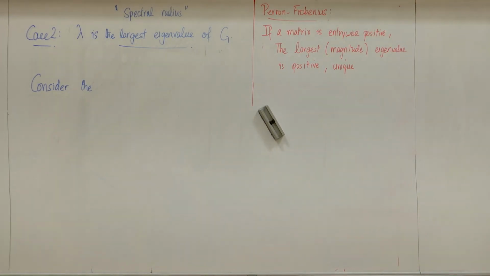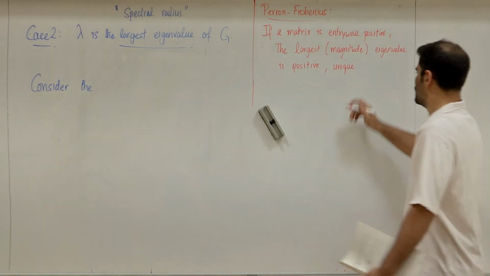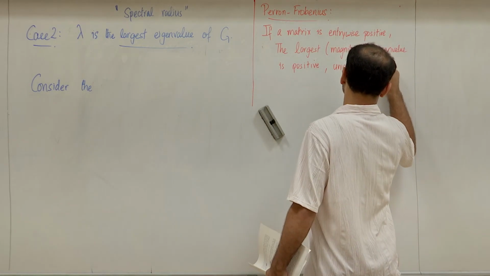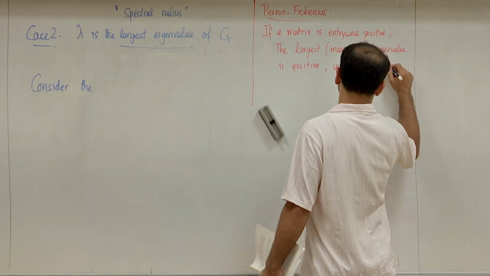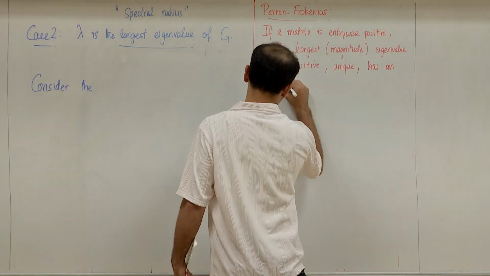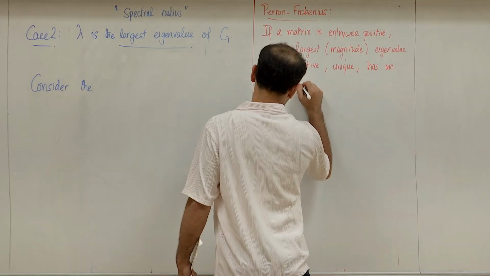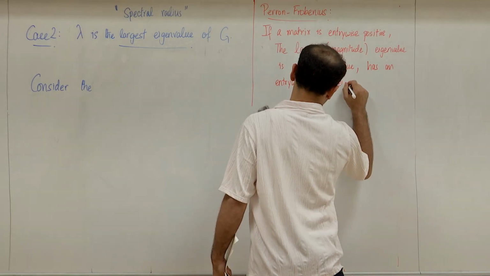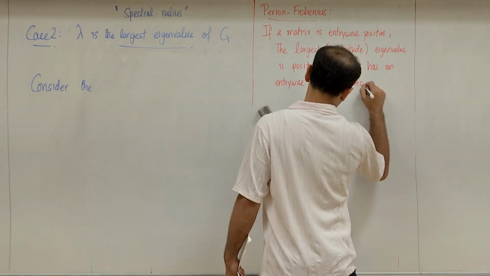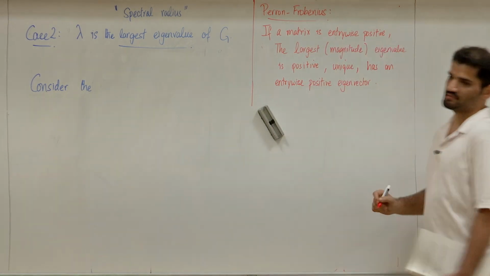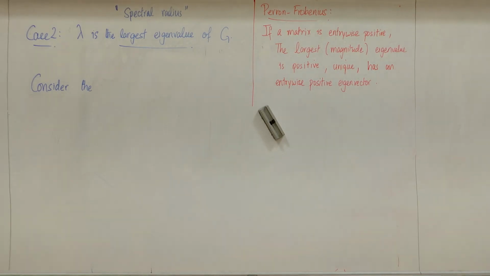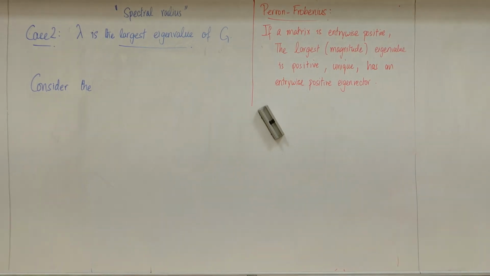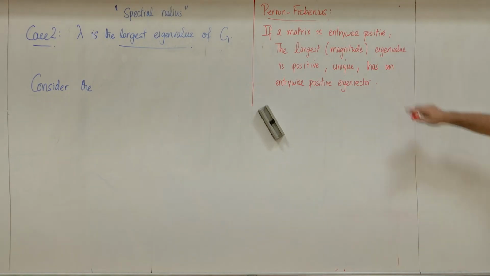So you don't have a multiplicity on the highest one. You can have a multiplicity below it, but not on the highest one. And it also says that it has an entry-wise positive eigenvector.